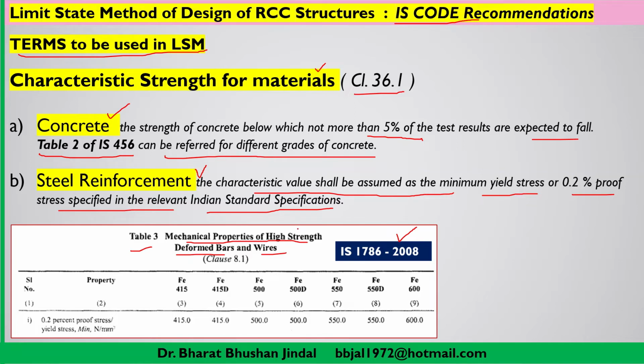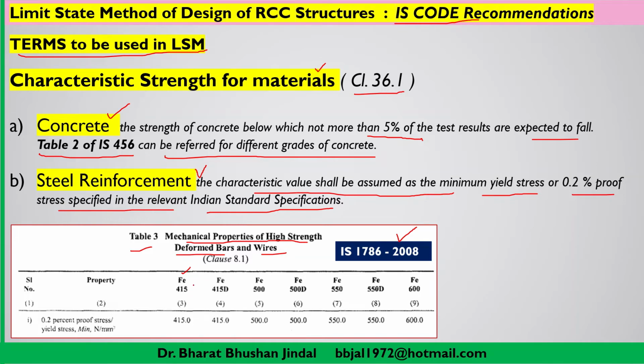Earlier there was a mild type of steel, that is mild steel. Nowadays we are not using mild steel in RCC structures. Table number 3 gives us information regarding the high strength deformed bars, and this is the grade of the steel from which these reinforcement bars are manufactured.